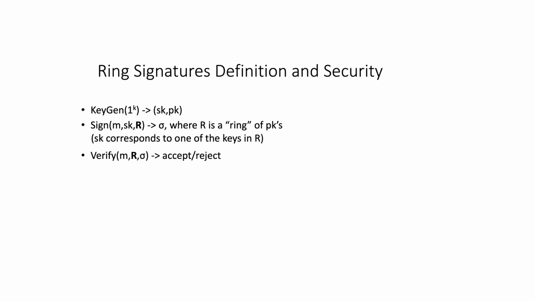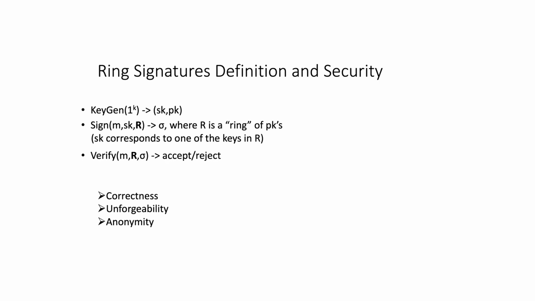The idea of a ring signature is that you have a signing algorithm that takes as input a message, a secret key, and a so-called ring, which is a set of public keys. The secret key should correspond to one of the public keys in this set. And in the verification, you get the message, the ring and the signature, and it should accept or reject.